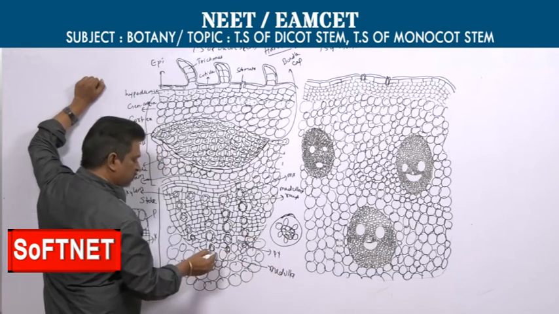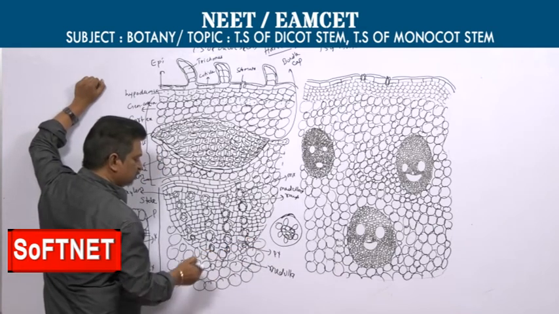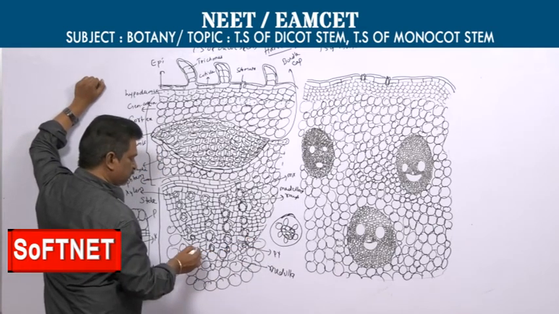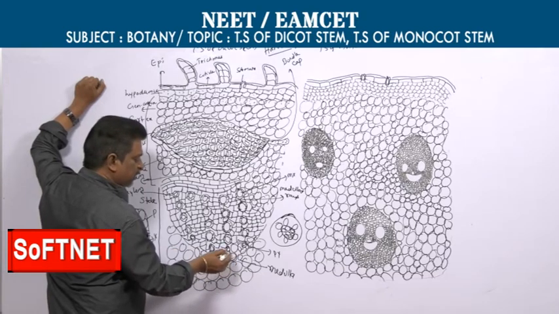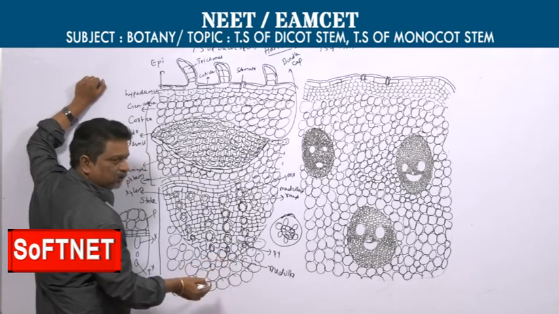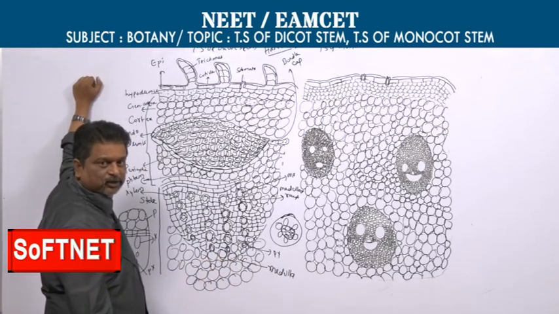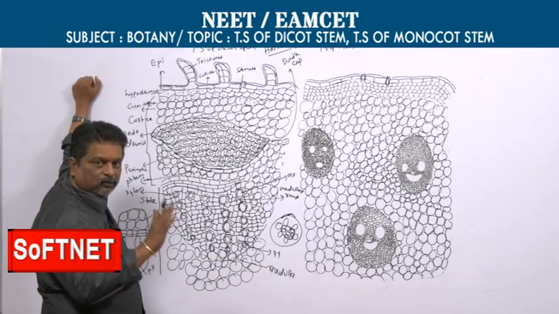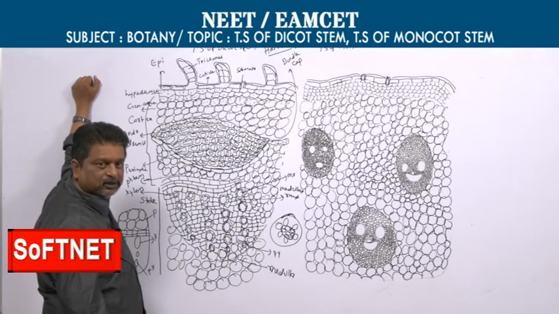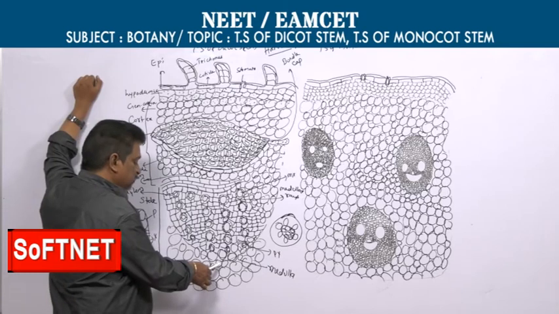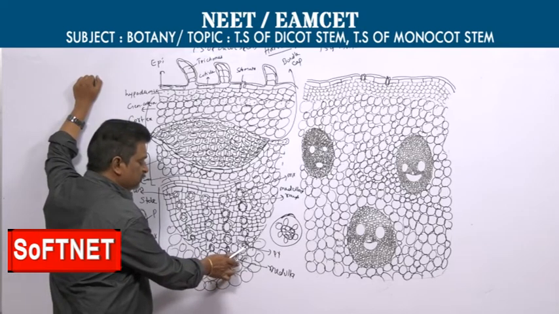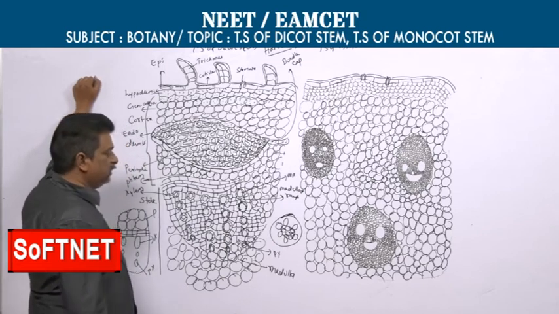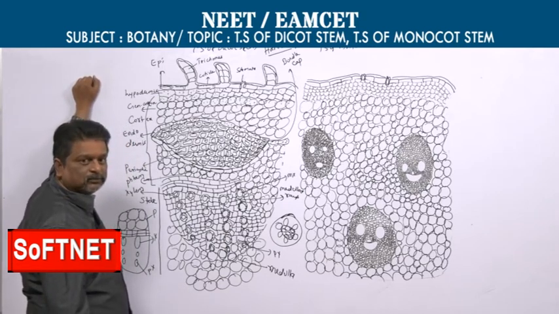These medullary cells are parenchymatous, and they help in storage. One exception is Cucurbitaceae, a dicot family. In Cucurbitaceae, the medullary cells degenerate and form the medullary cavity.